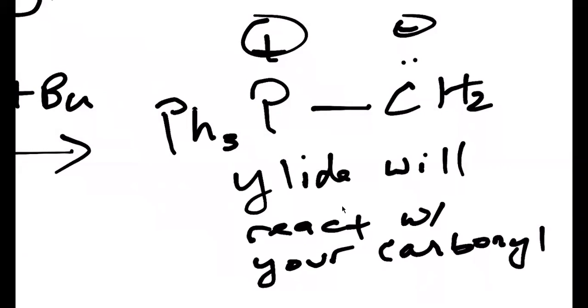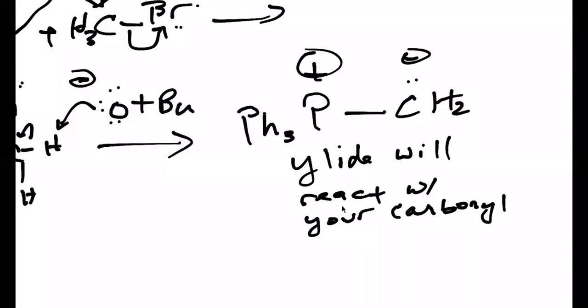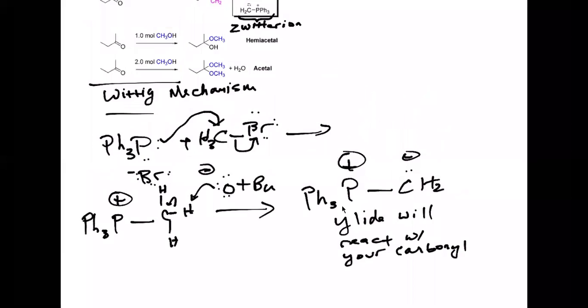And again, this reaction is actually one of the easiest reactions I've ever done as a graduate student. You literally just stir your phosphine together with the alkyl halide, add in the base, go to lunch, come back, add the aldehyde or ketone, because it'll work on aldehydes or ketones. So the first part of the reaction is ylide formation.